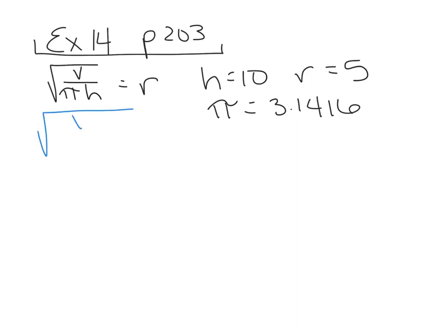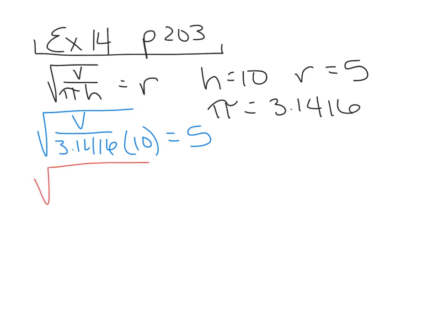I don't know what V is, but I do know that pi is 3.1416, and I know that height is 10, and I know that radius is 5. Now I should simplify as much as I can. So I'm going to multiply this pi times 10 in the denominator of this fraction here will be 31.416.